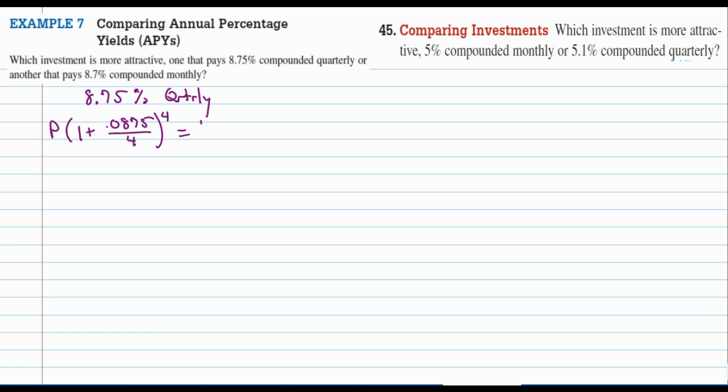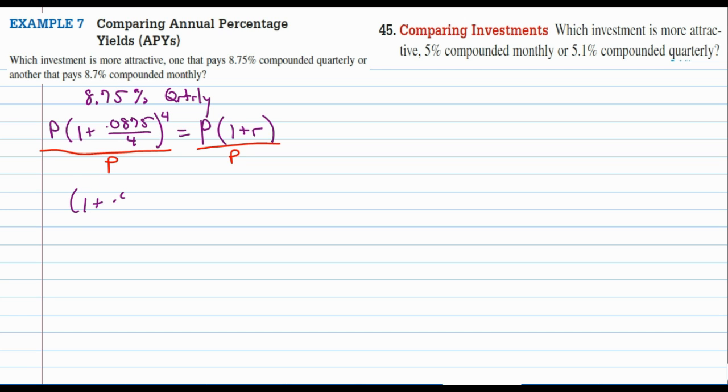So I'm comparing that to the initial investment being compounded annually for 1 year. Very similar to the last example. Now, I don't know what the initial investment is, but if you look at my first step, if I divide both sides by P, it actually doesn't matter what that initial investment is, because P will cancel out.